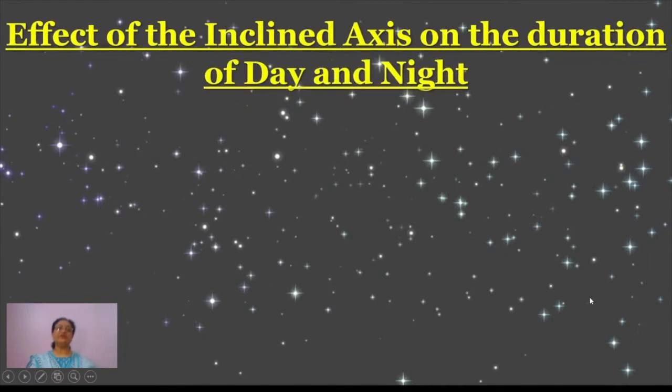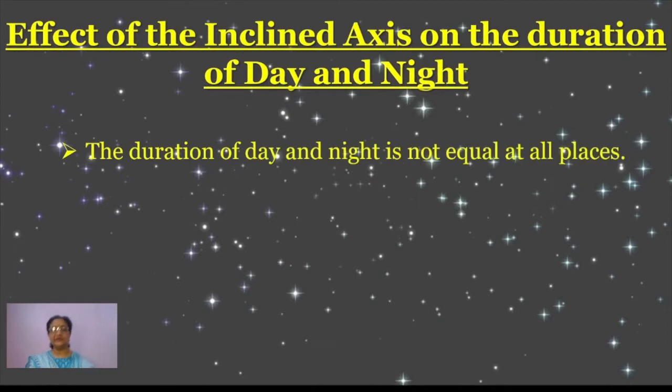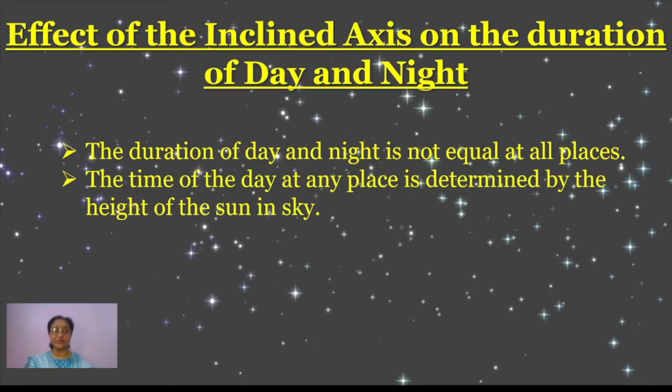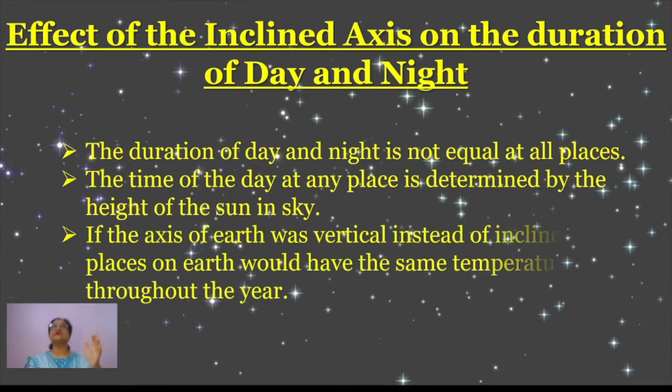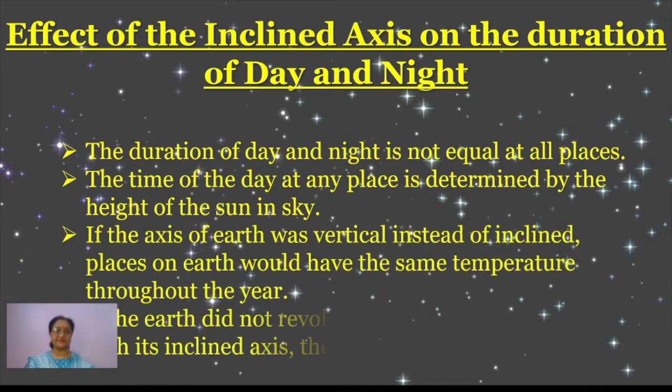So if we talk about the effect of inclined axis on the duration of day and night, we find that all over the earth, we know it very well that the duration of day and night that we experience is never the same at all places, right? The duration is not equal, and the time of day at any place is always determined by the height of the sun at that place, right?